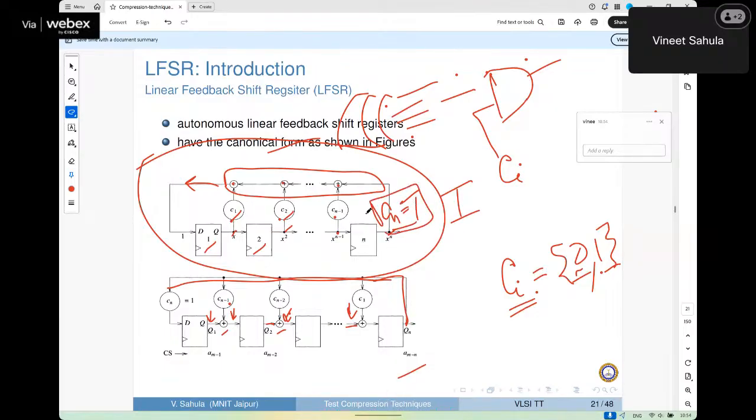There is no other way. We are labeling these flip-flops as 1, 2, 3, up to n length. We are also labeling these taps actually. This is x to the power 0, x square, xn here, xn minus 1 here. Right? Just remember this. Let's go ahead.